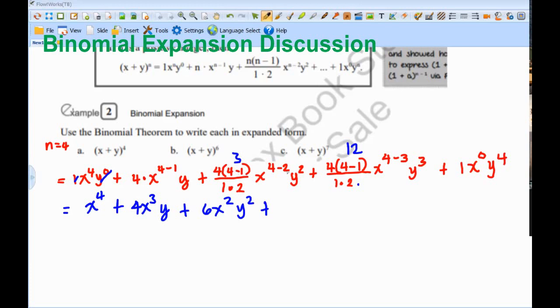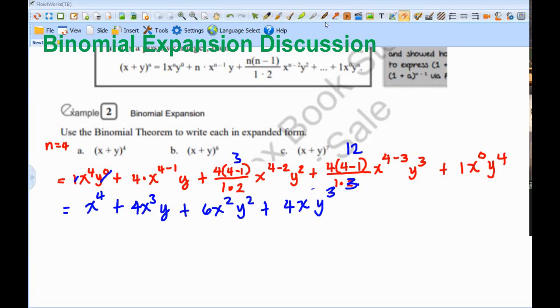And then this should be 4. 4 times 4 times 1 divided by, this should be 3. So that will become 4, 4x squared cubed. What this should be 1. And then the other one, this should be 1x.